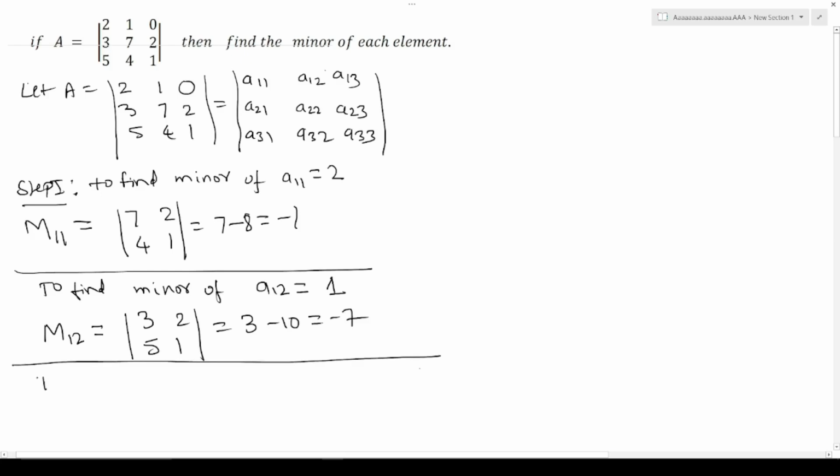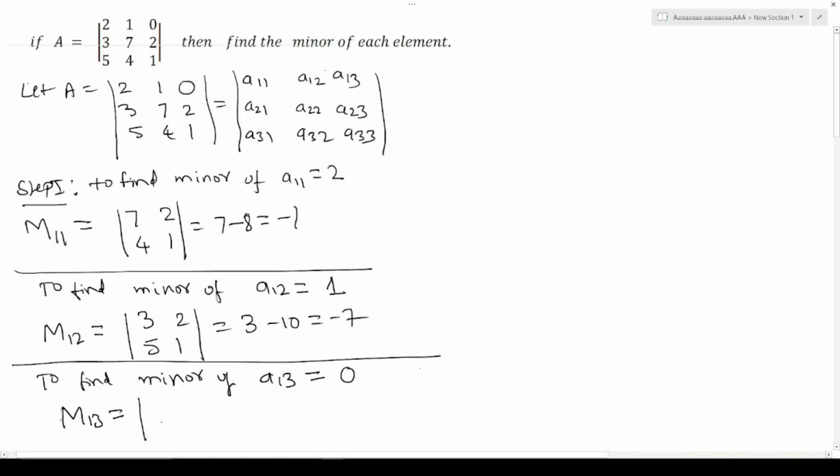After that, to find the minor of A13, which equals 0, that is M13. To find the minor, you omit the first row and third column. What is left? 3, 7, 5, 4.